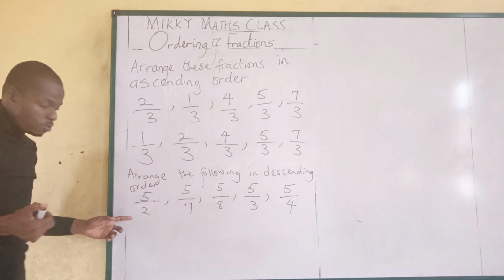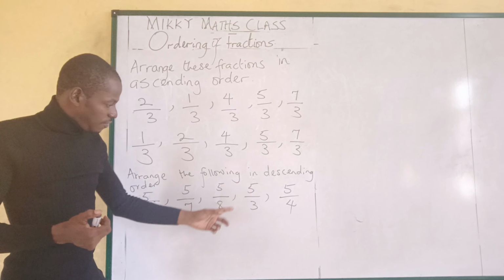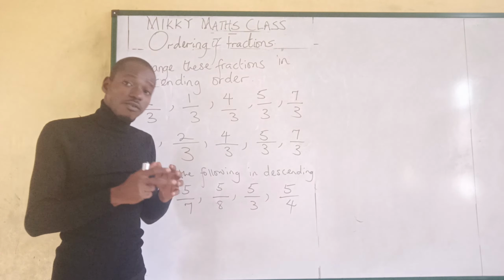So I have 5 over 2, 5 over 7, 5 over 8, 5 over 3, 5 over 4.